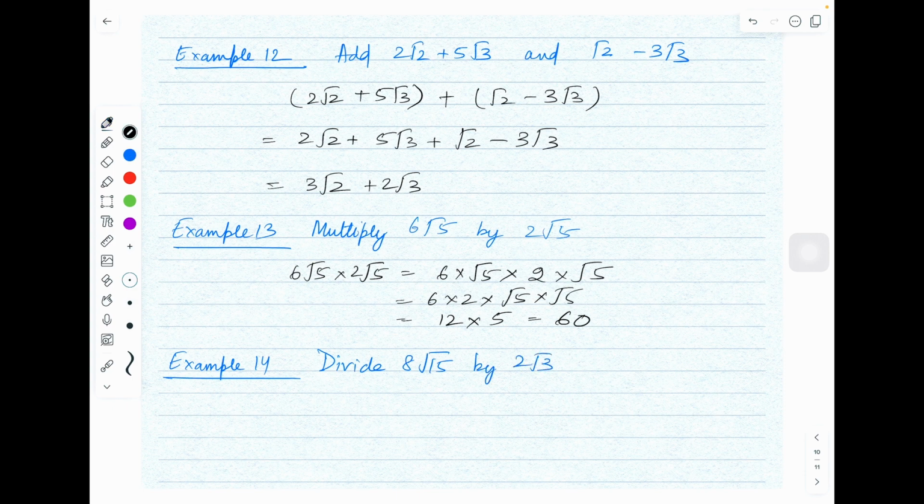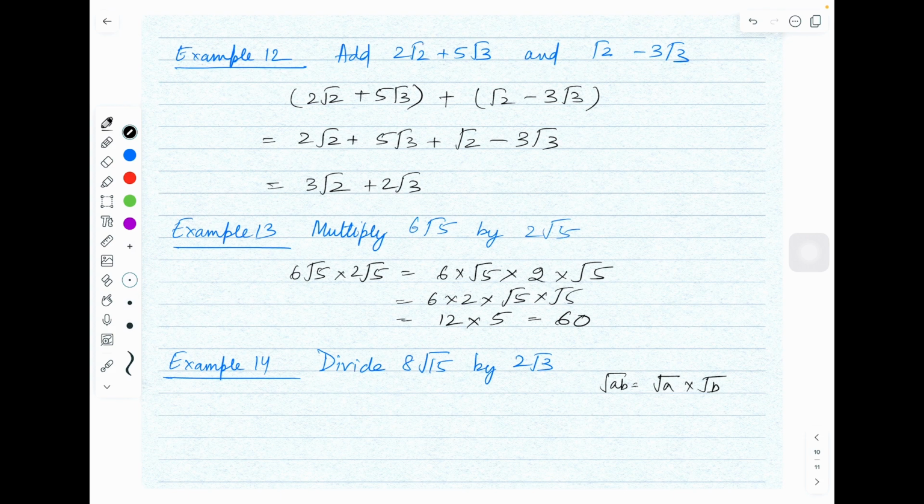We will discuss a property a little later in this chapter, but here in this video I will mention that if you write root AB, if both A and B are positive real numbers, you can separate it into root A into root B. But both A and B should be positive real numbers. See, these are positive real numbers, so I can separate it.